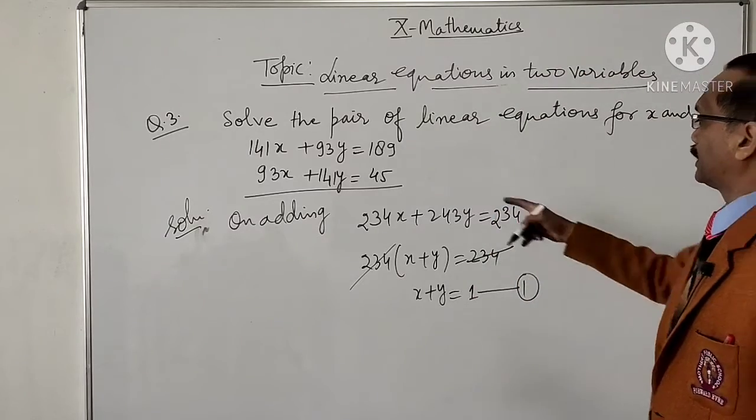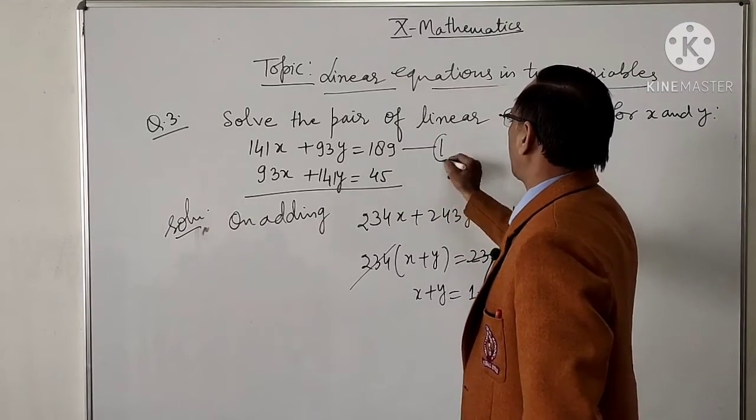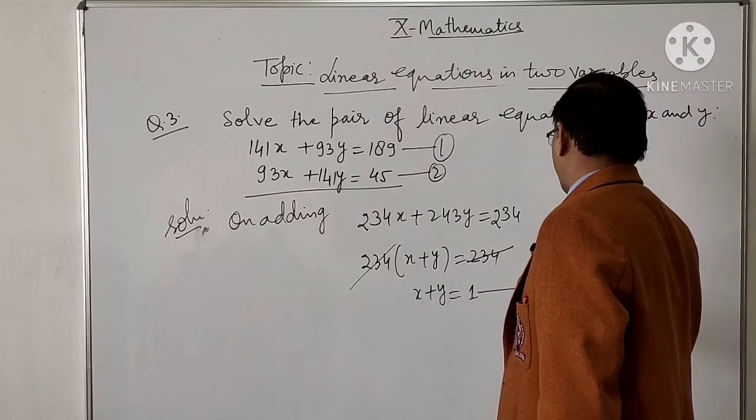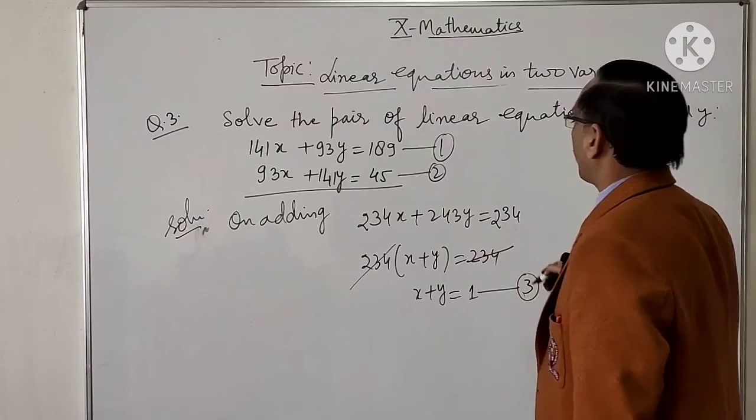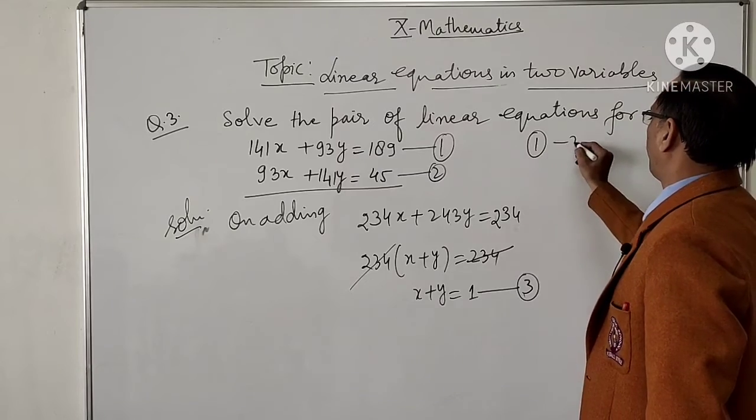Now we subtract these two equations. Let this be equation 1, this is equation 2, and this is equation 3. Now subtracting.